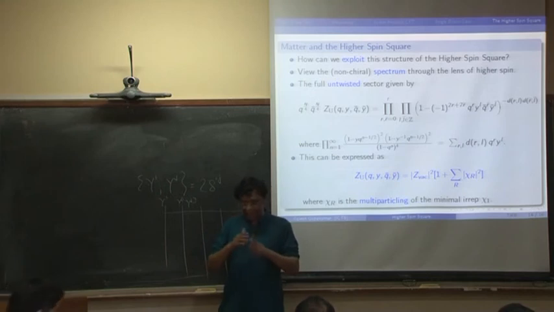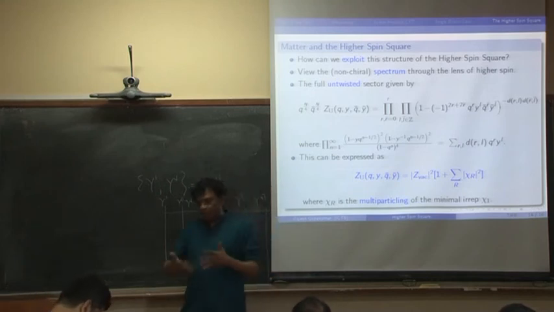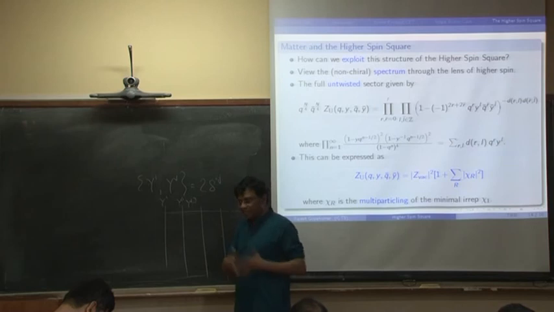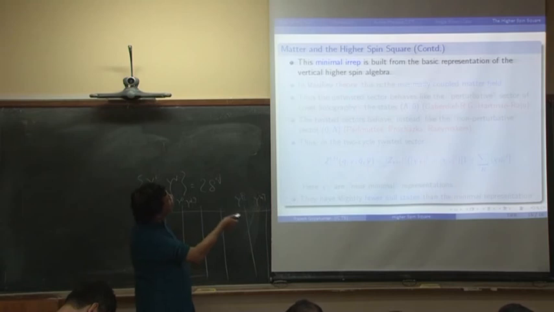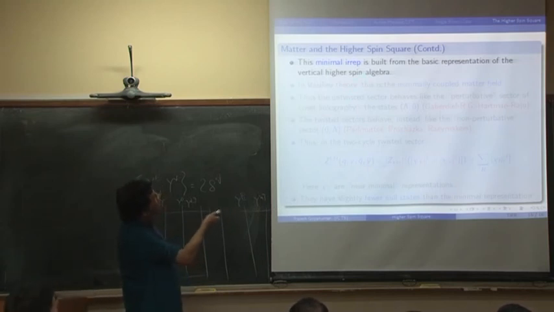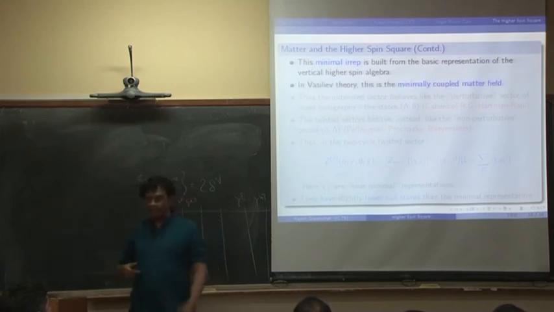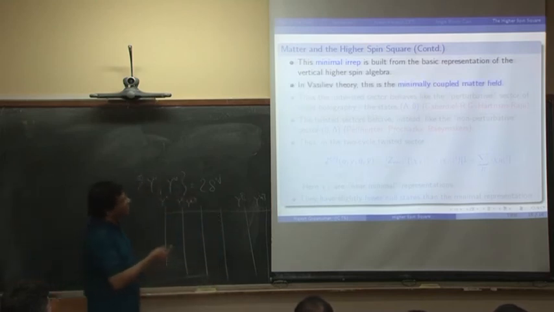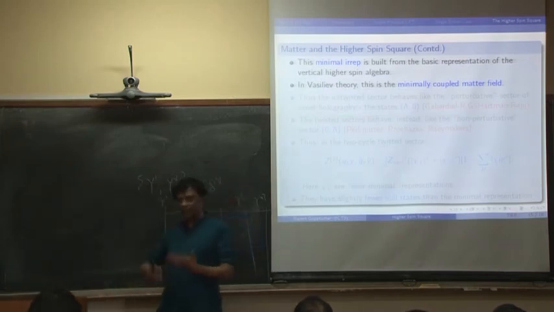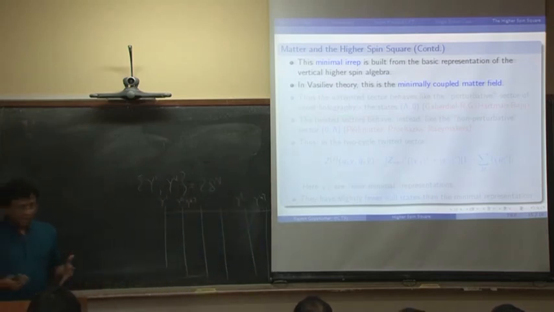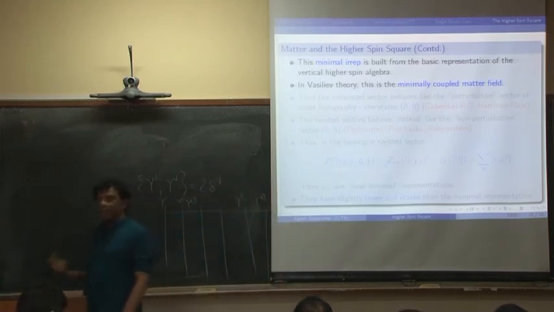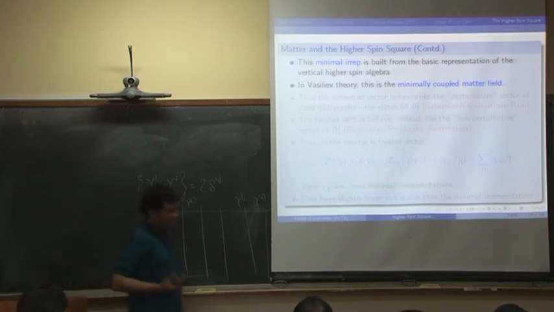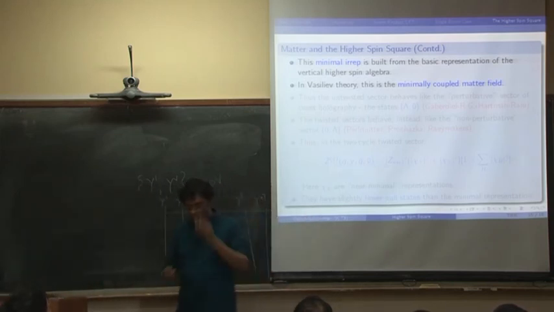Because the higher spin algebra is a subset, you can view it in particular as a higher spin algebra. As a representation of the higher spin algebra, in fact, it is the minimal representation of the vertical higher spin algebra. It is the representation that Vasiliev uses when he couples his matter fields. In addition to the gauge fields, he has to have one other matter field, which is part of this Weyl multiplet or whatever.